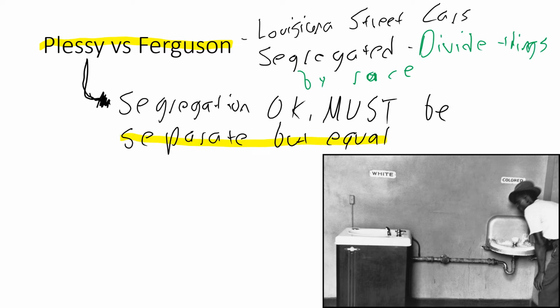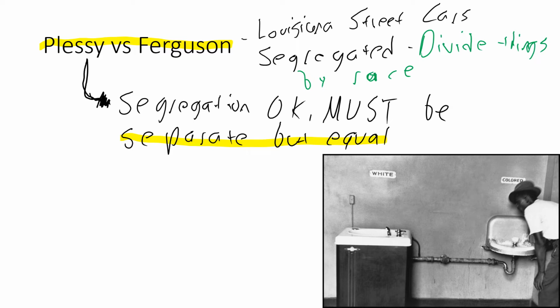So they say, look, you can divide things up based on race, but the streetcar for the white Americans has to be just as nice, can't be any better than the streetcar for the African Americans, and vice versa. They have to be equal. So in theory, it's not a terrible situation. However, in practice, it's not going to be good because the South is not going to keep things equal. They're going to segregate everything, but it's not going to be equal.